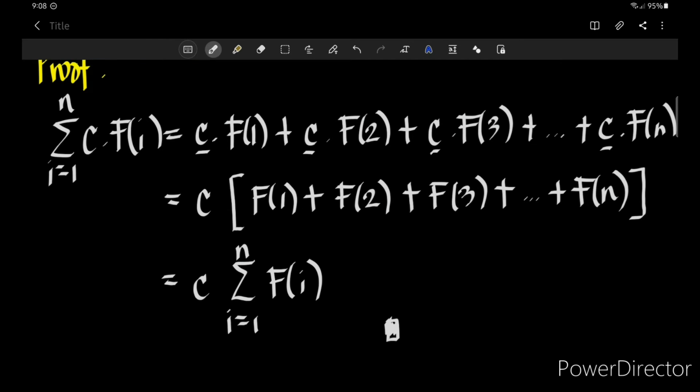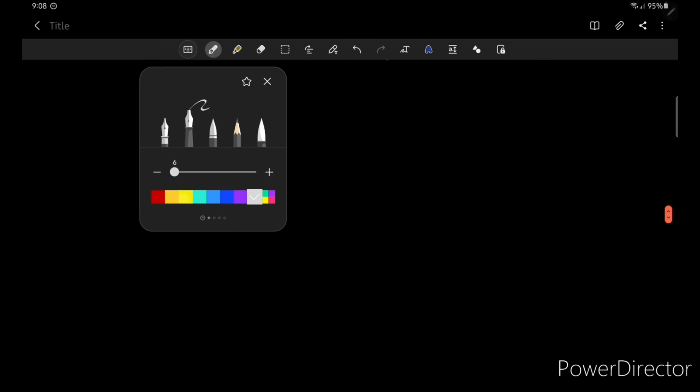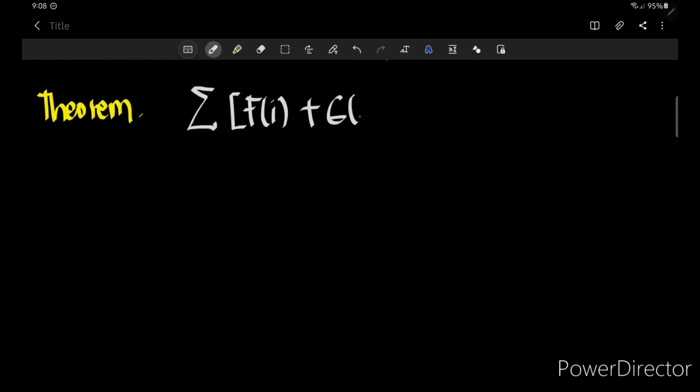Para sa ating pangatlong theorem, okay, meron tayong summation of f of I plus g of I, where I ranging from 1 to n.